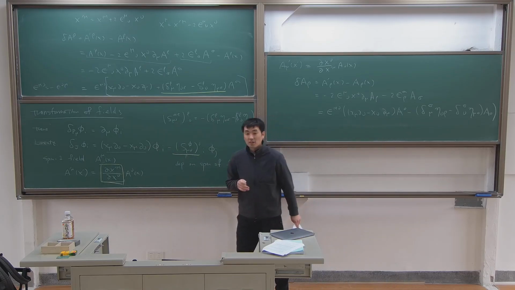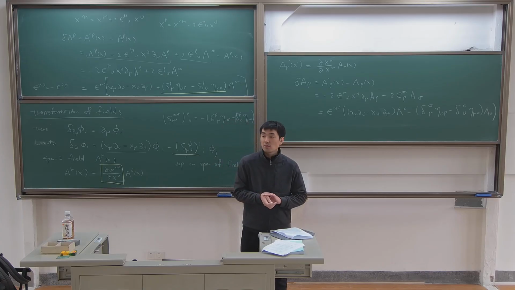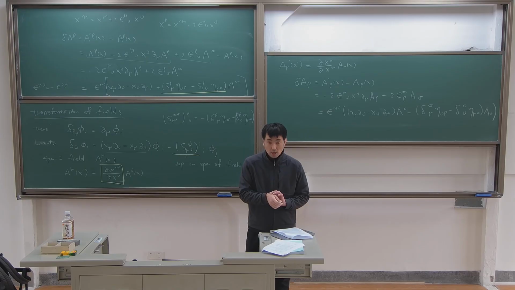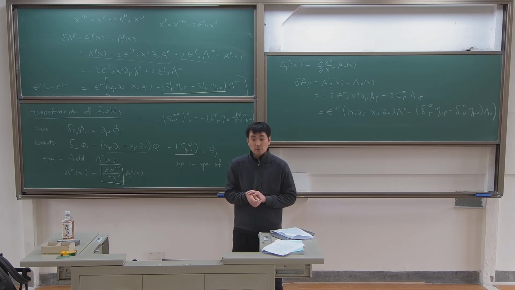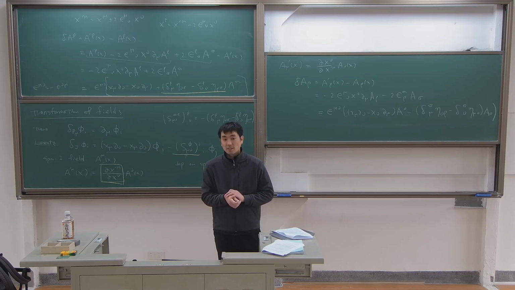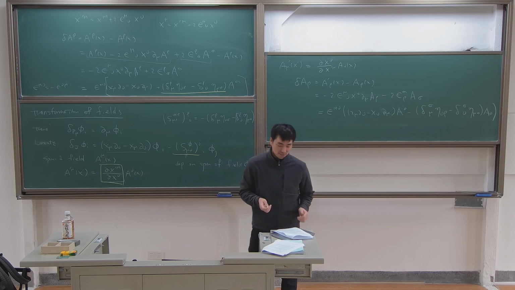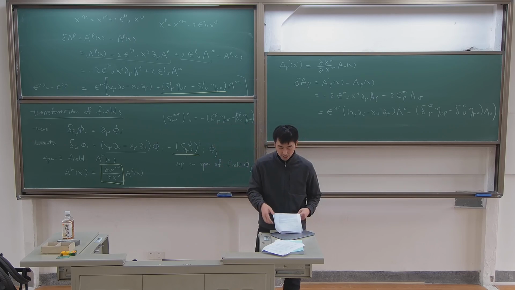And what else did we look at last time? As a symmetry of conformal transformation, generators of conformal transformation. On Wednesday, like two or three days ago. What else did we see?